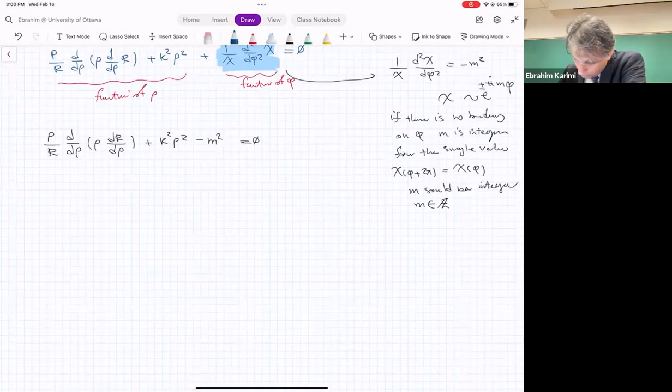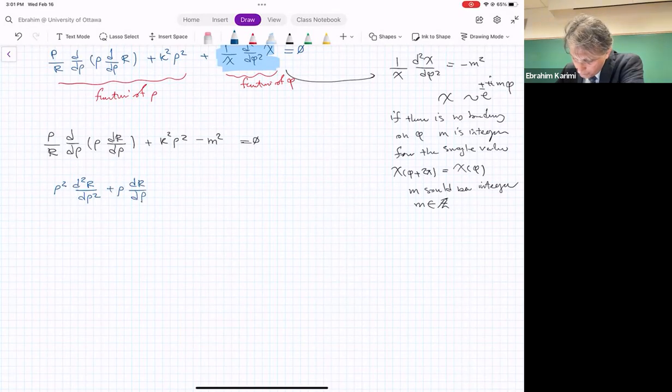Okay. So let's simplify a little bit. The first term will be rho square d2R d rho square. The second term, taking the derivative of this, will be rho dR d rho.